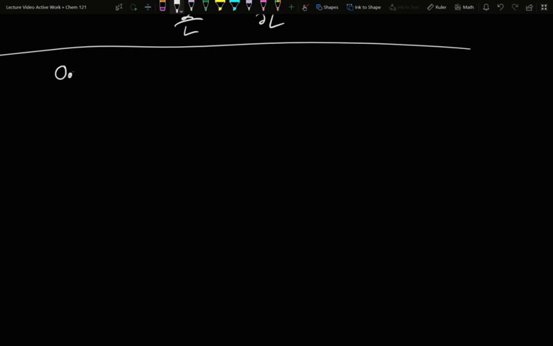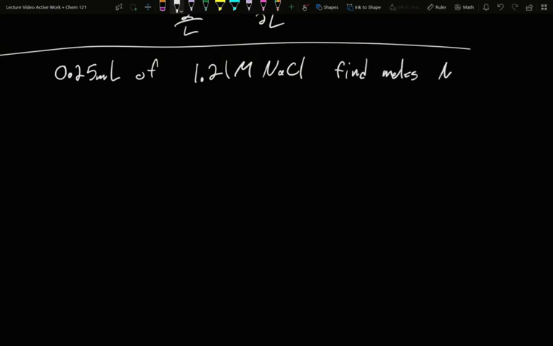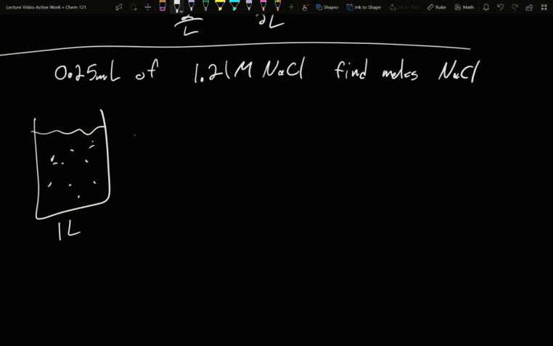What if I have 0.25 milliliters of a 1.21 molar sodium chloride solution? And what I want to do is find moles of NaCl. The idea is if I had a big container, 1 liter, and it had a bunch of dots in it, and I'm going to take out a very tiny amount. 0.25 milliliters is incredibly tiny.